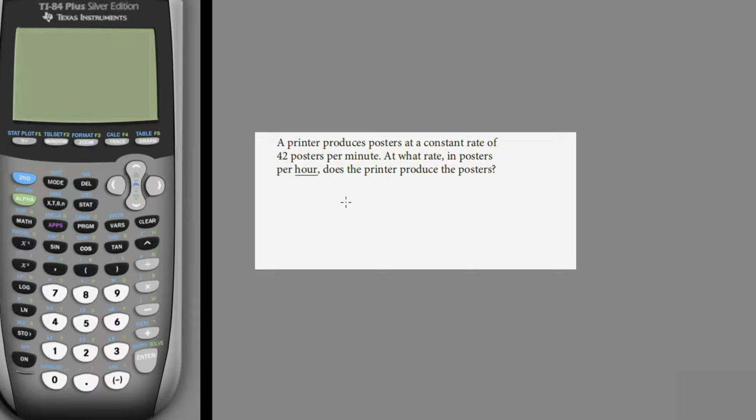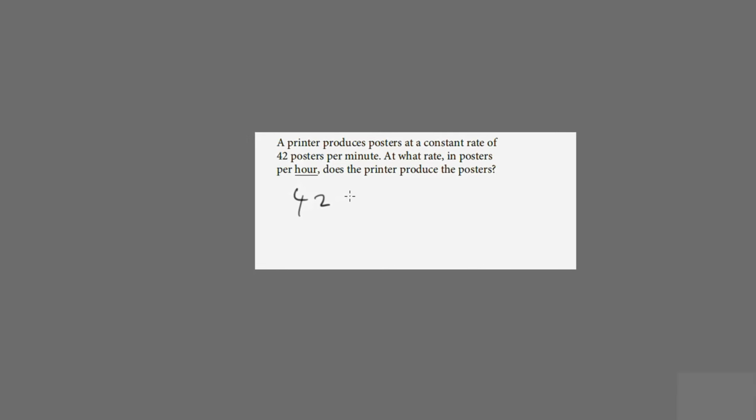We have 60 minutes making up an hour. So to get the number of posters the printer will be able to print in an hour, since it's able to print 42 posters per minute and there are 60 minutes in 1 hour, very simple logic, you just say 42 times 60 minutes, so whatever it gives you will be the answer.